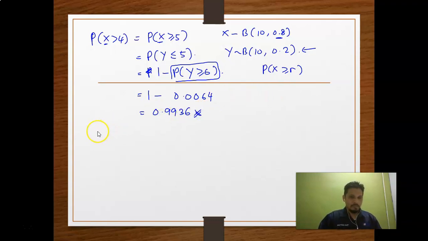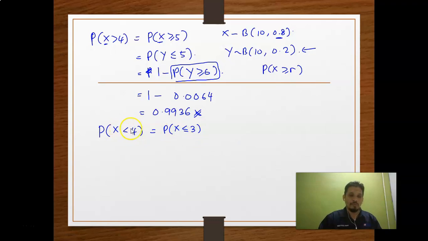And then for the probability of X less than 4. Okay, again we refer to this. X less than 4 meaning it is the probability of X less than or equal to 3 because it does not include 4.